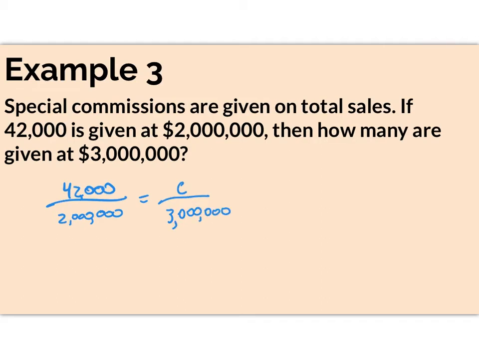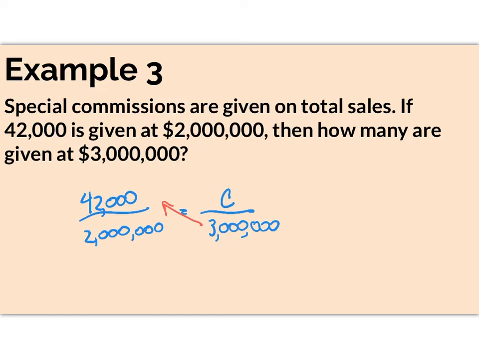And so here we just cross multiply the 3 million. I'll do this on the next page. So what we're going to do is cross multiply the 3 million, and let me write this out so that you can see all the magic that happens. 42,000 times 3 million. Let me put the 2 million under the 3 million, and we see all of these zeros cross out.